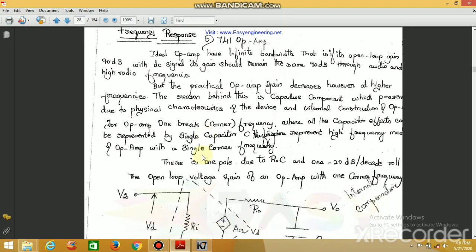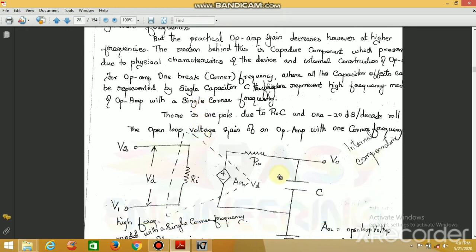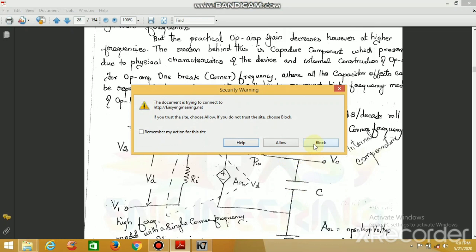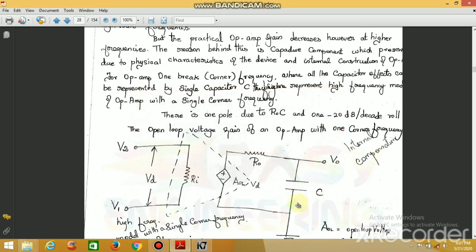This is mainly because of the capacitor component which is present in the op amp. You can see the capacitor component. Because of this capacitor component, the gain decreases. This capacitive component is present because of the physical characteristics of the device and the internal construction of the op amp.